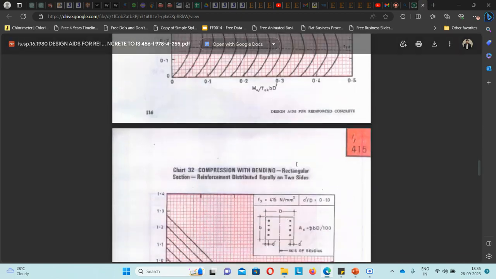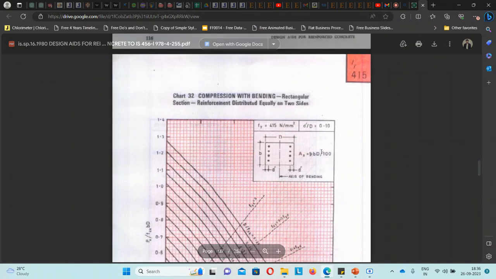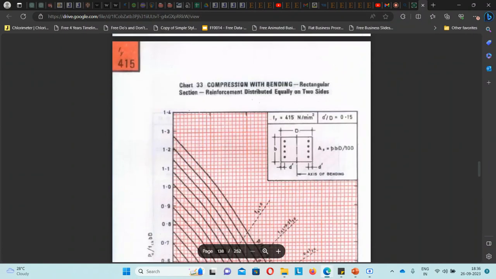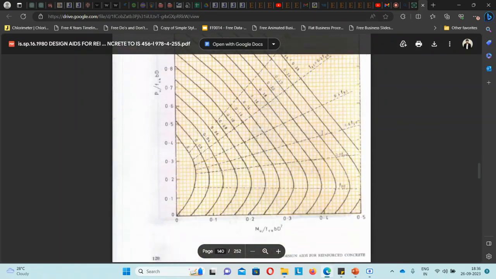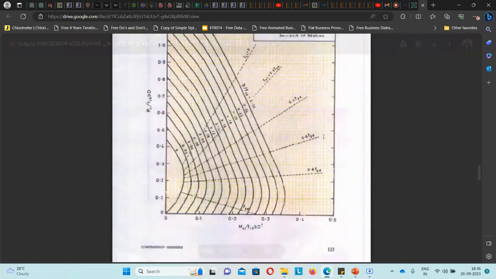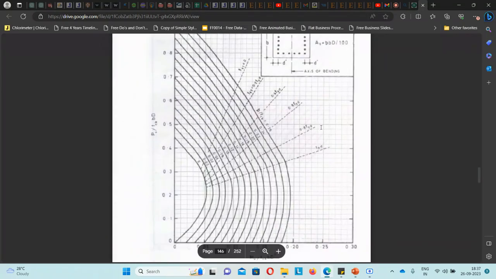Okay, so Fe415 first. We are at Fe415 and d dash by d is 0.15. Reinforcement distributed equally along two sides, so this is not the case. We need reinforcement distributed along all four sides.